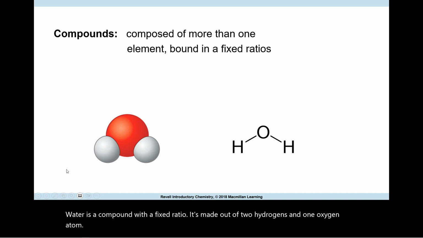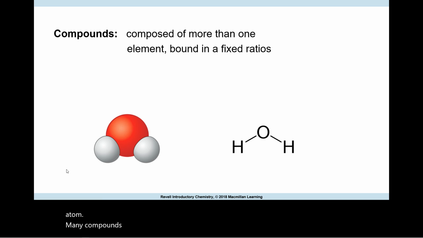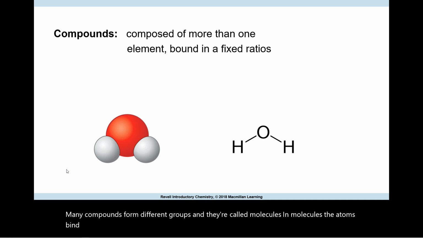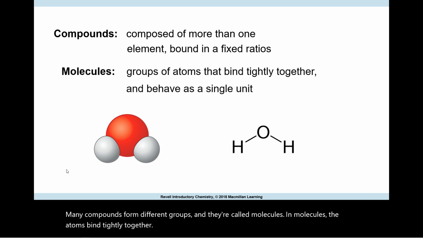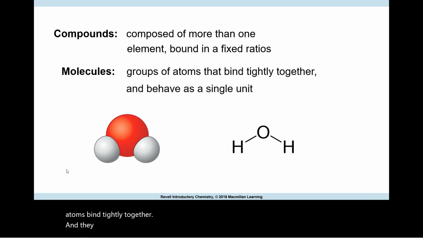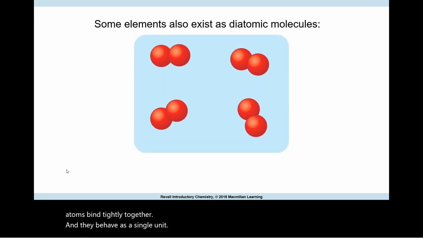Many compounds form different groups and they're called molecules. In molecules, the atoms bind tightly together and they behave as a single unit. So water is a molecule, by the way.